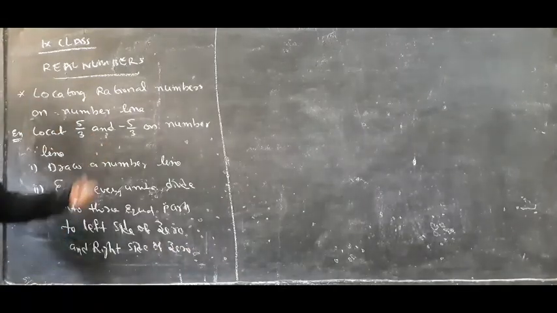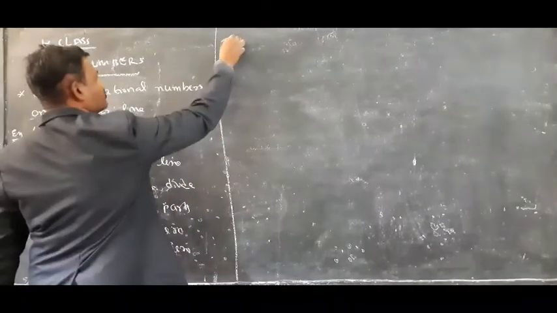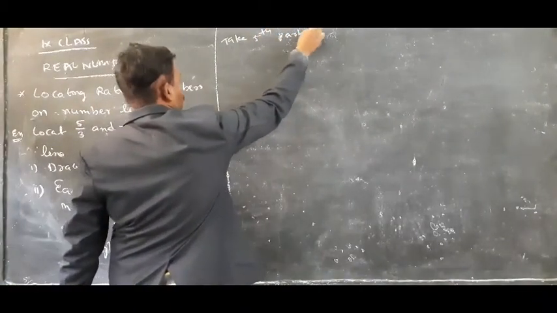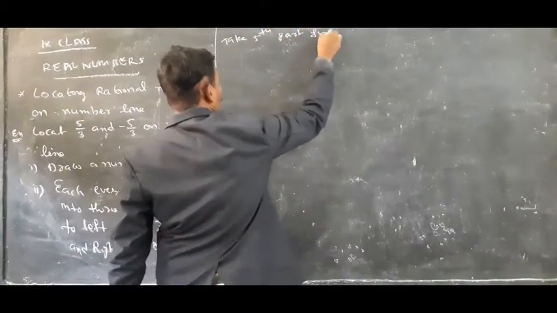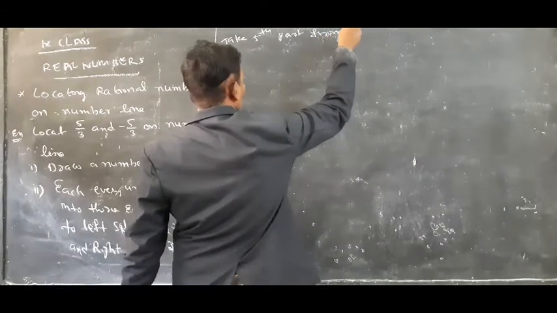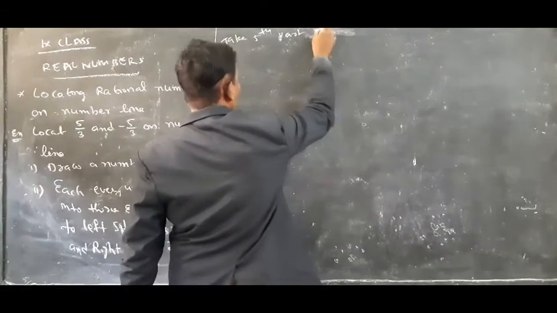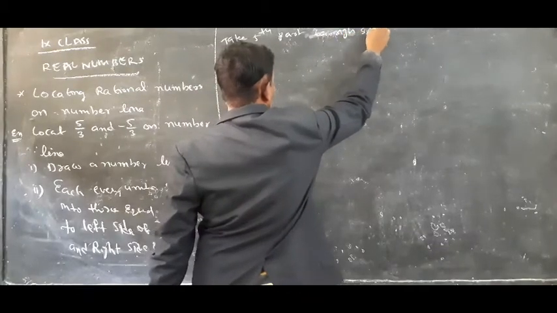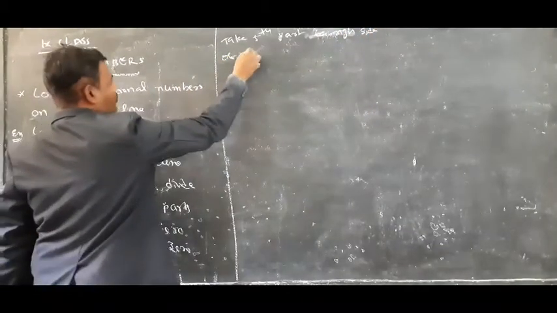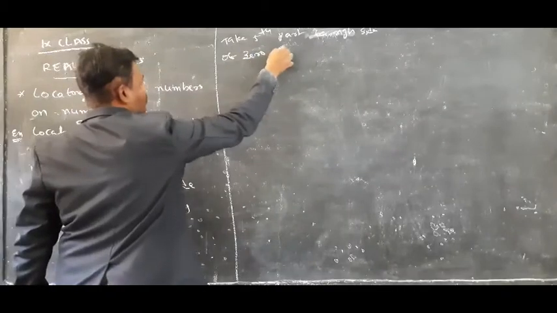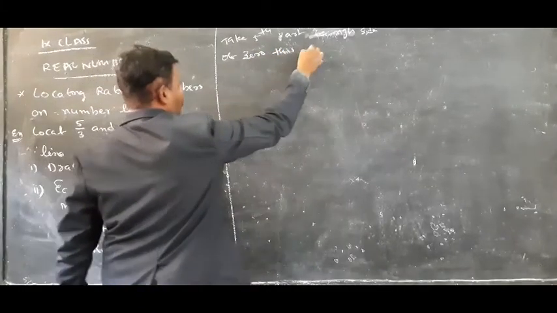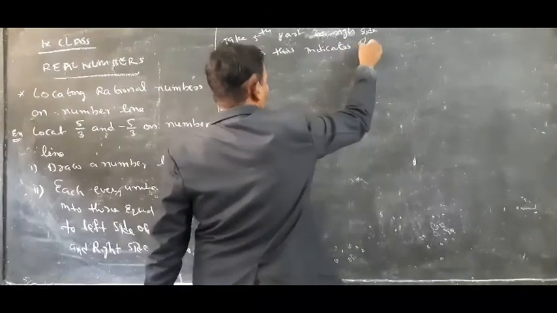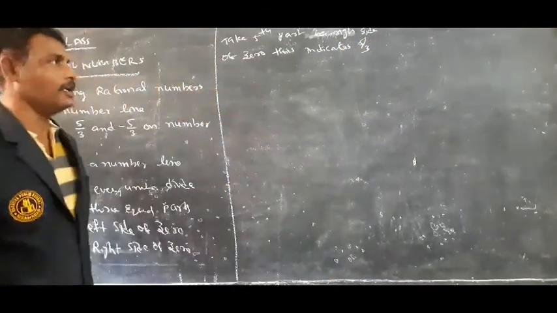Next, take the fifth part to the right side of 0. This indicates the location of 5 by 3.